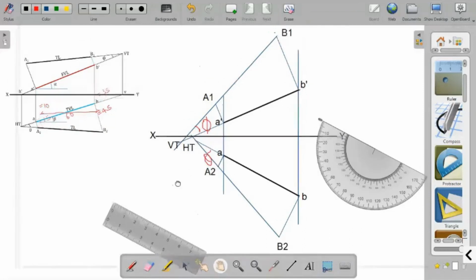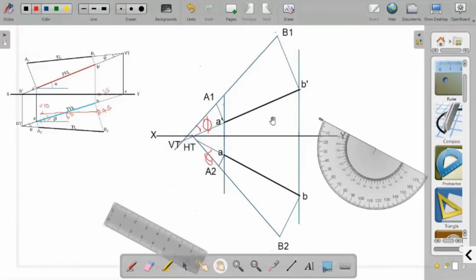So first you have to mark the both end projectors, then point A dash, point A, point B dash, point B. The dimensions also you should mark. I have marked the dimensions in this figure, but you have to do it in your figure.